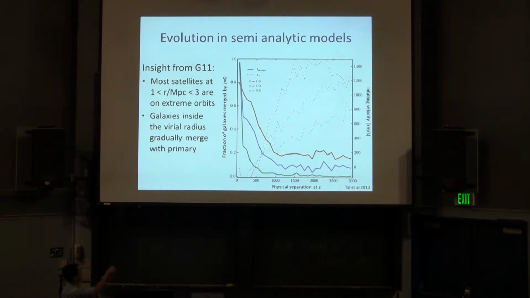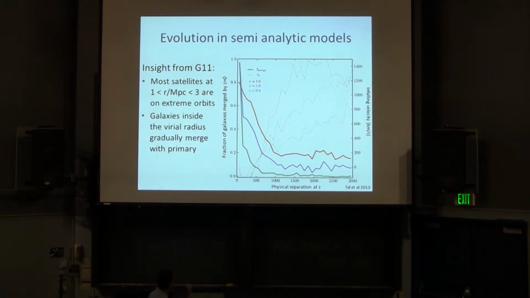On the left y-axis, there's the fraction of satellite galaxies that merge with the central by redshift 0 as a function of distance, physical separation, at that given redshift. So for example, at redshift 1, if you look at galaxies that are more than a megaparsec away from the central, the probability of merging is actually very low.